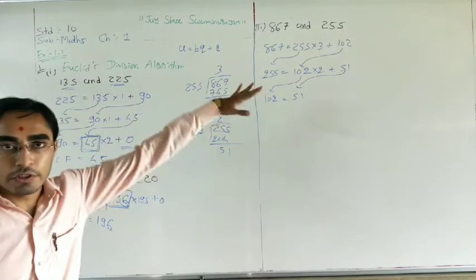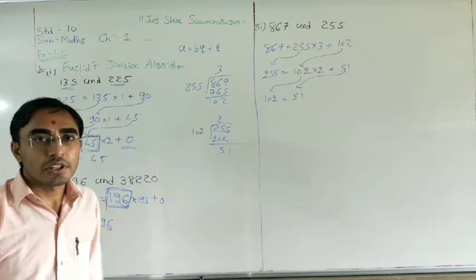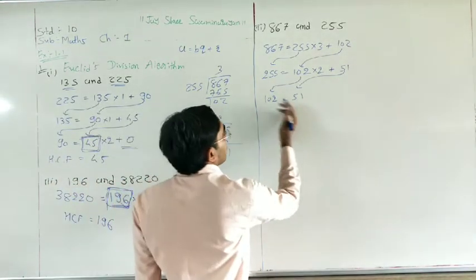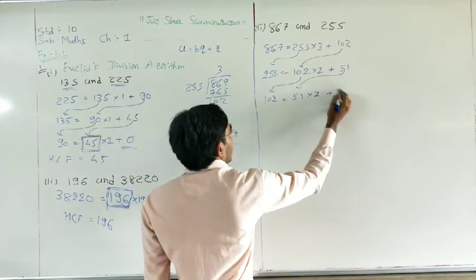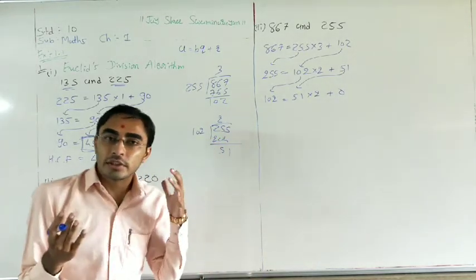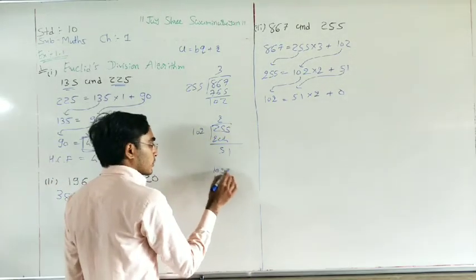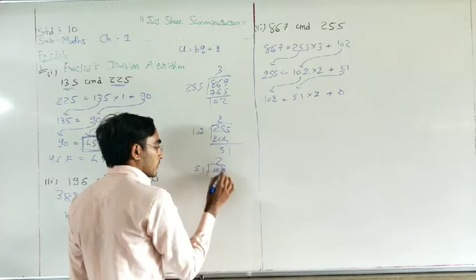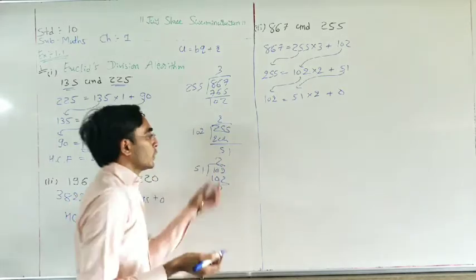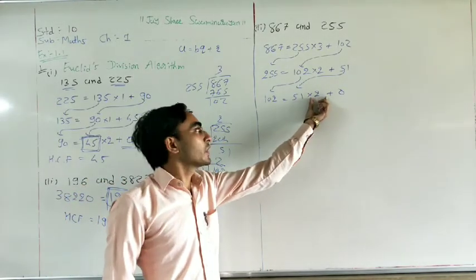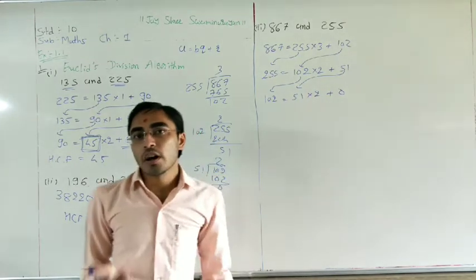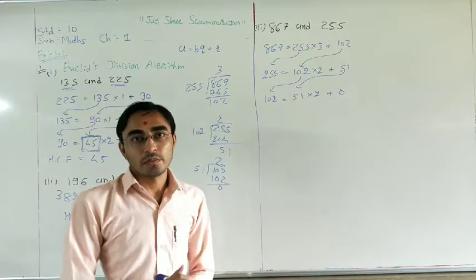Again you need to do the division process, but right now we know that 51 2s are 102, so you will get the remainder 0. 102 divided by 51, so 2s are 102. So that 2 quotient we need to write here in multiplication plus remainder r is 0.